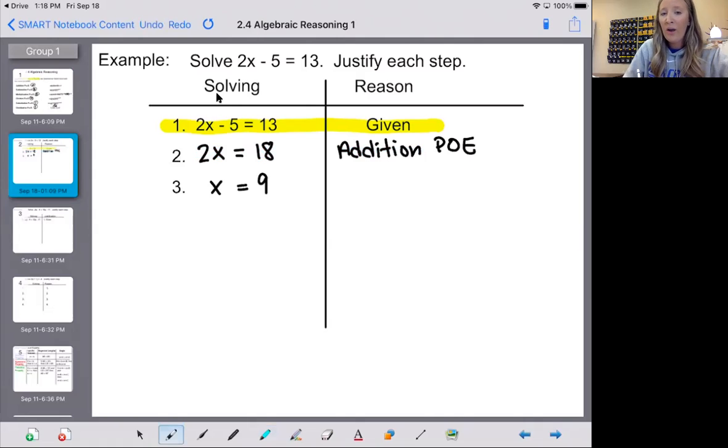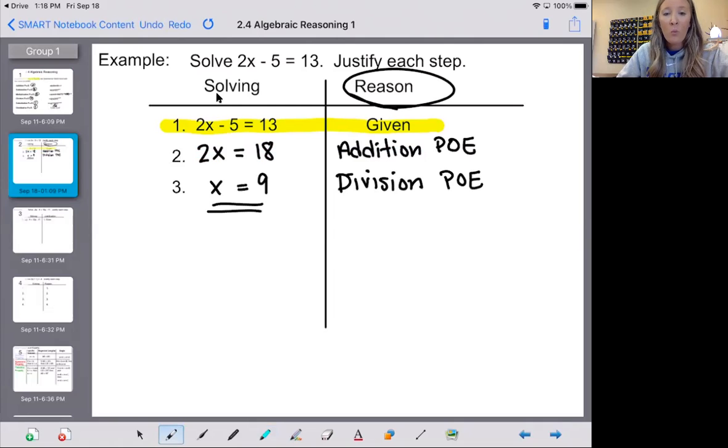How did I know x equals 9? That's because I had to move the 2 over. And how did I move the 2 over? I divided. So this reason over here on the right-hand corner should always be why does what you stated here, why is that true? Why is x equal to 9? Well, because we divided from step 2 to step 3.